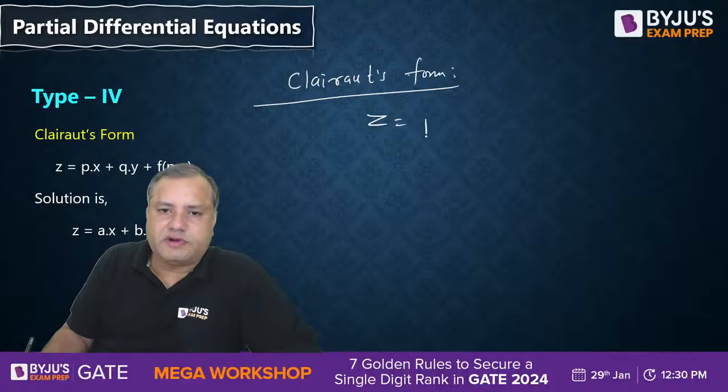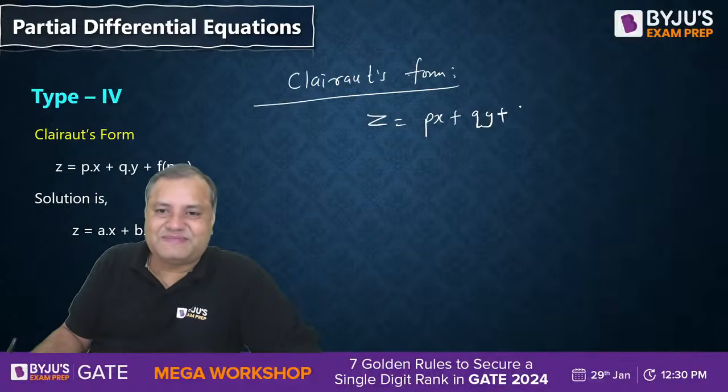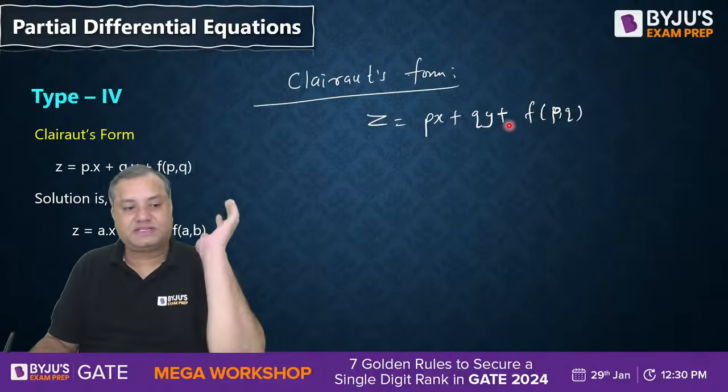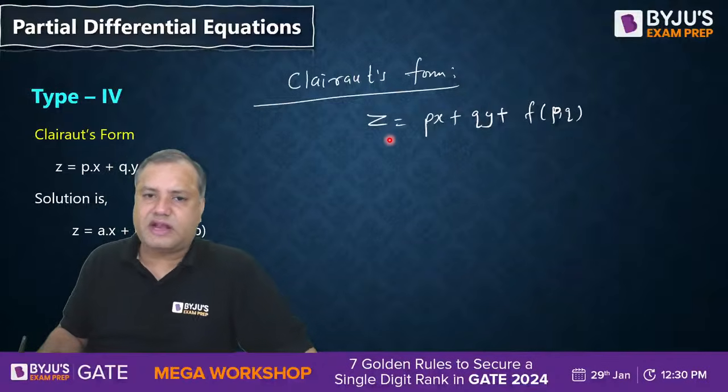It is Z equal to Px plus Qy plus f of p comma q. And students, believe me, this is the simplest. If you just identify it within 1 second, you can write the solution.